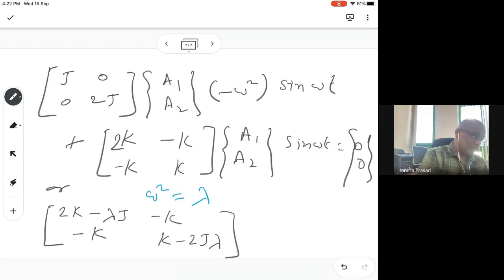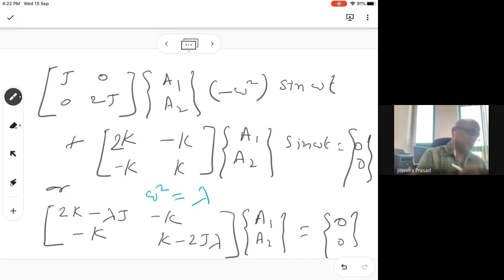So here we get 2K minus J lambda, K, K, 2K minus 2J lambda. And then we have A1, A2, and this is equal to 0. So this is the equation we got, and we can solve it.